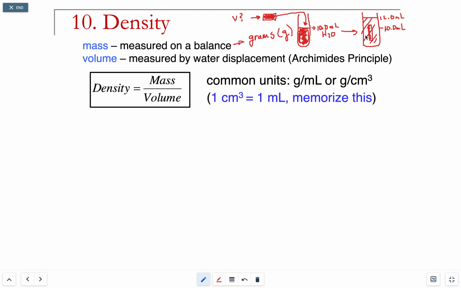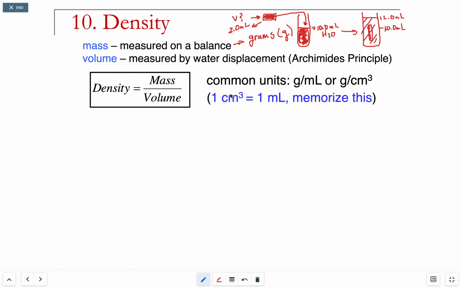The volume of liquid displaced by this little bar is the difference between the heights here. You started at 10, you ended up at 12 when you put it in there. So the volume of our object is 2.0 milliliters. You just take 12 minus 10 to give you 2 milliliters. So that's how water displacement works, and it was invented historically by a fellow by the name of Archimedes.